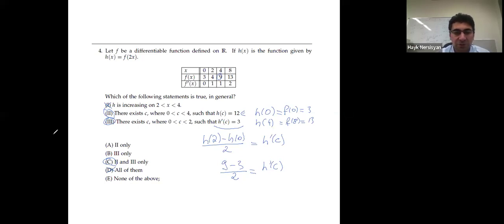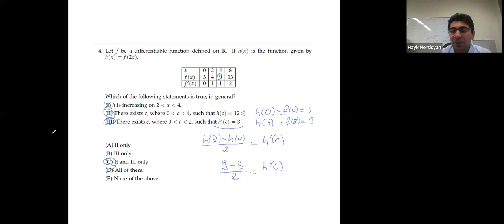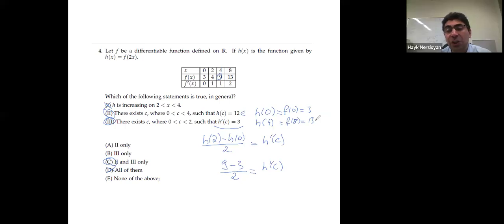Questions? Why is the second one true? The second one by the intermediate value theorem. The intermediate value theorem says if you have a continuous function whose value at 0 equals 3, value at 4 equals 13, then in between for sure it has at least one point.